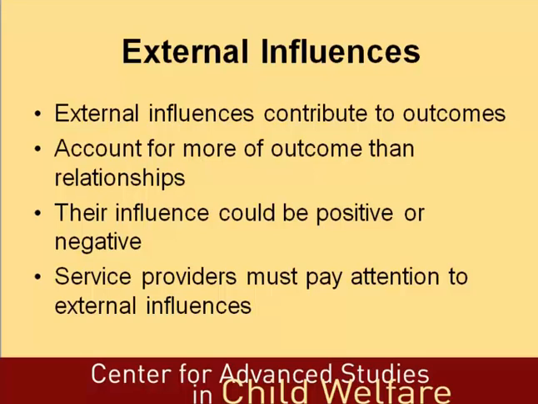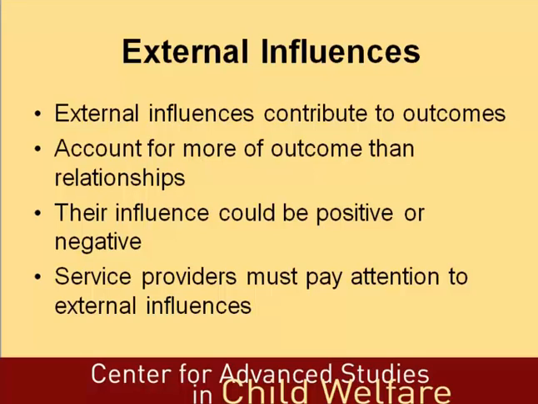External influences by themselves account for more of outcome than relationships. External influences include social policies, immigration and refugee status, agency influences, quality and availability of social services, extended family and community emotional and instrumental supports, and favorable or unfavorable life circumstances.